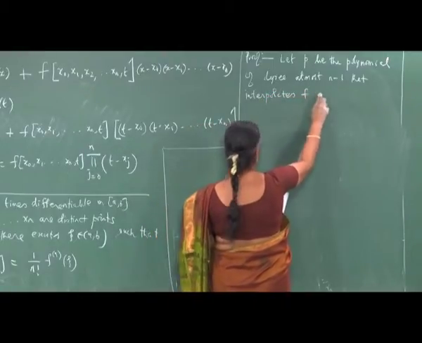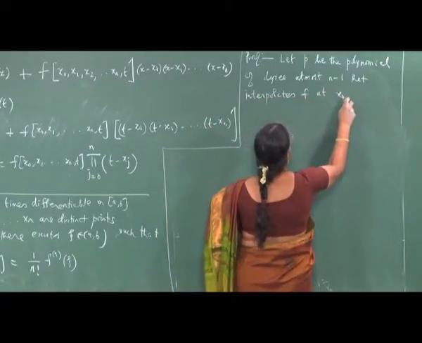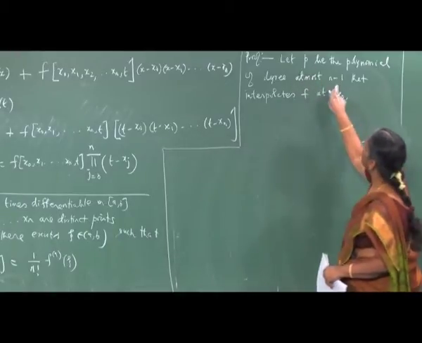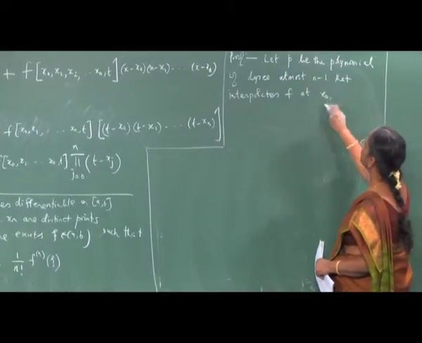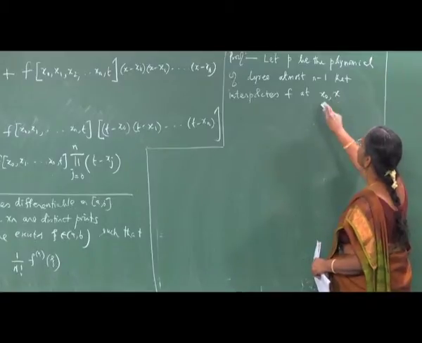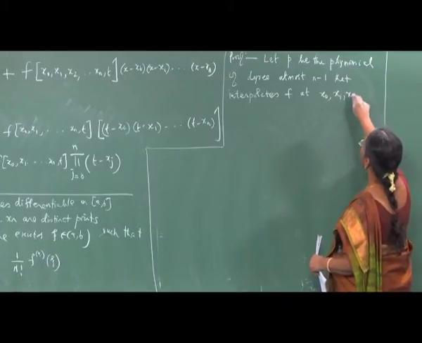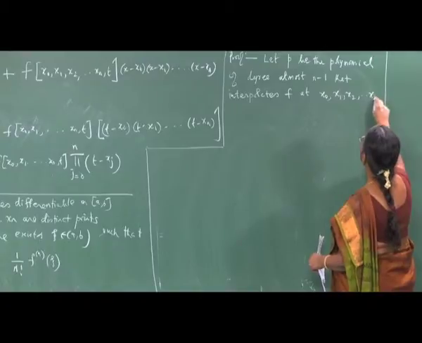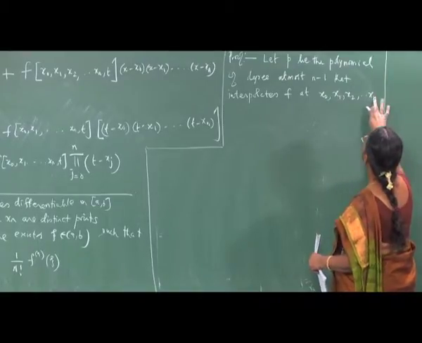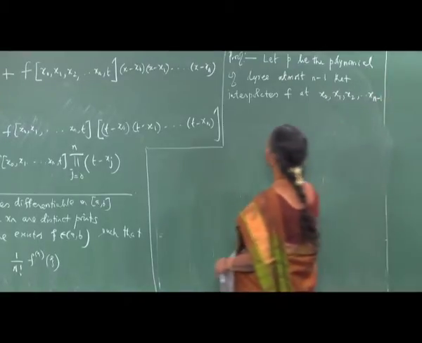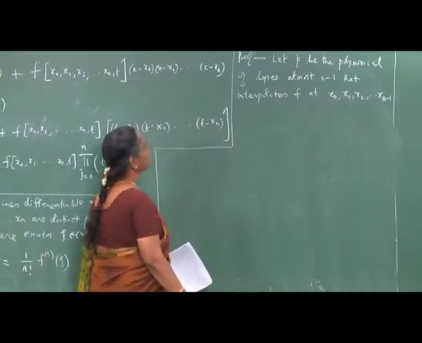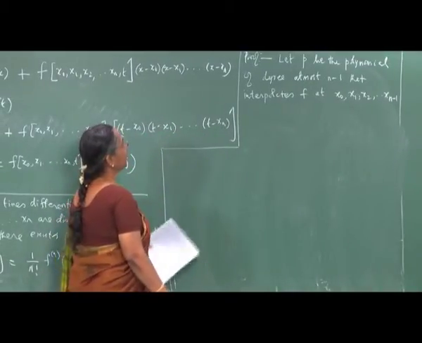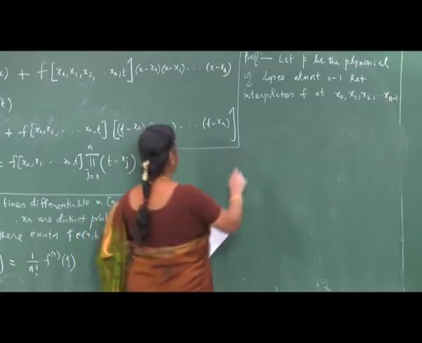It interpolates f at how many points? P is a polynomial of degree at most n minus 1. So, there must be n points, x0, x1, x2, etc. up to xn minus 1. So, there are n points at which the polynomial interpolates this function.